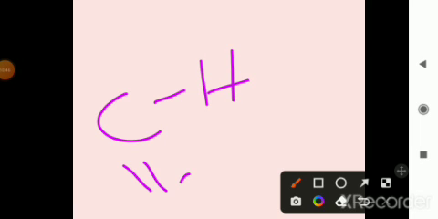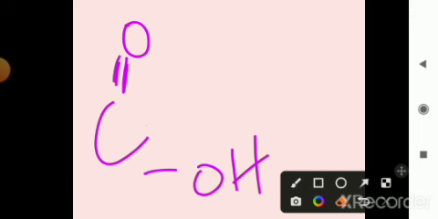One more thing I would just tell you at the last: if you see that your C has a bond like this anywhere, upside or down, you will always consider it as the aldehyde group.